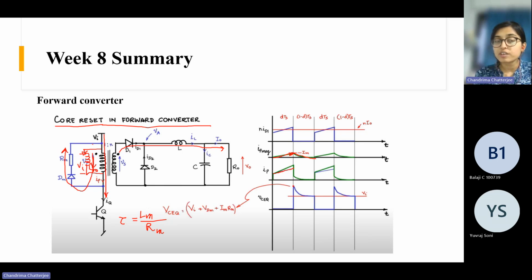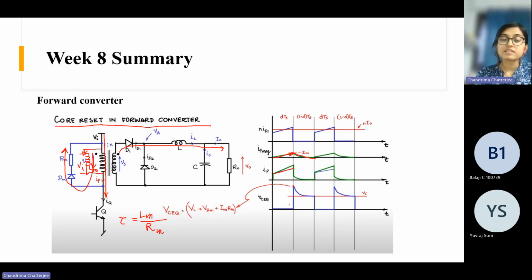So there will be only the magnetizing current part. So that's why the current is like this. This magnetizing current is only getting reflected here. There is no load component because now the load current is freewheeling here due to this inductor. So the current shape will be like this through the primary winding.